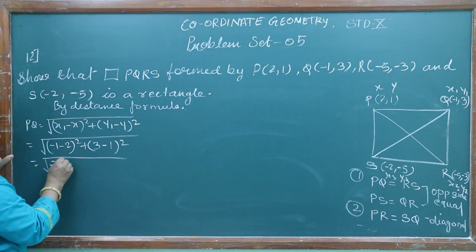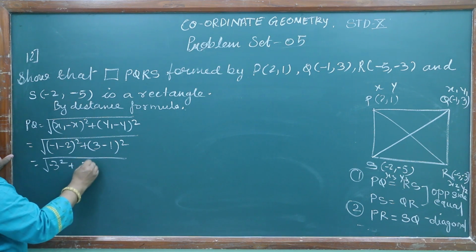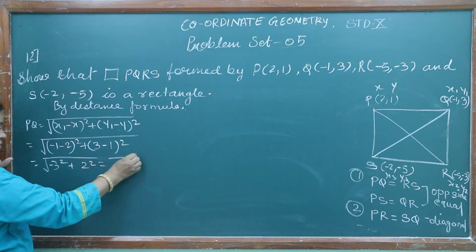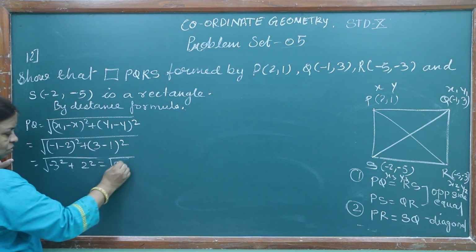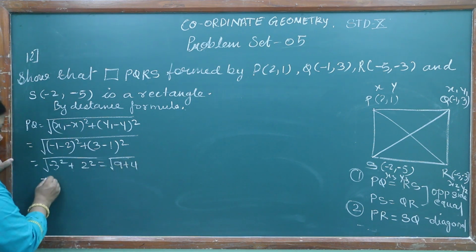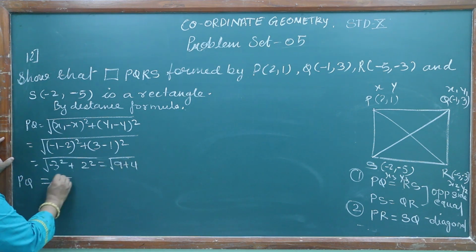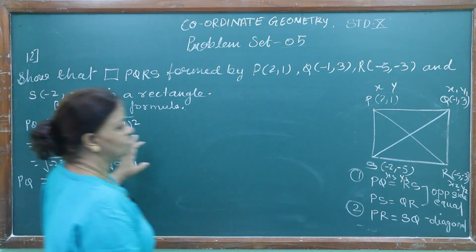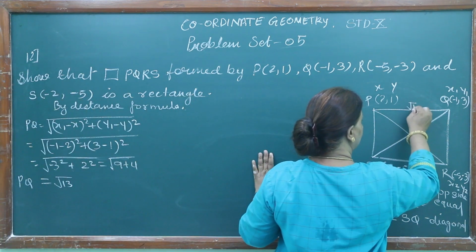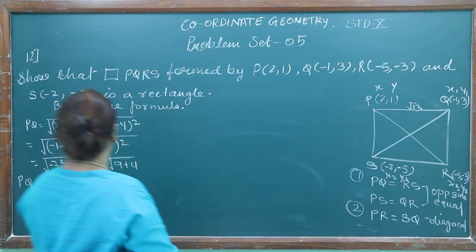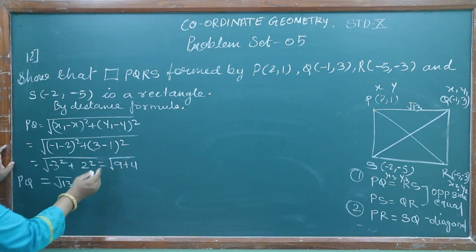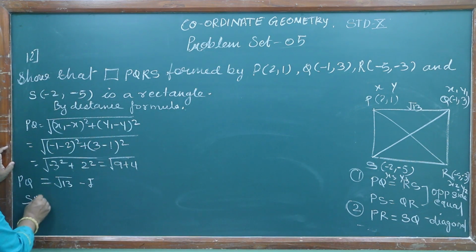Minus 3 the whole square plus 2 the whole square, which is equal to 9 plus 4. So PQ we got under root 13. So let me write here PQ as under root 13. This is my first statement, children. Now let us find SR.